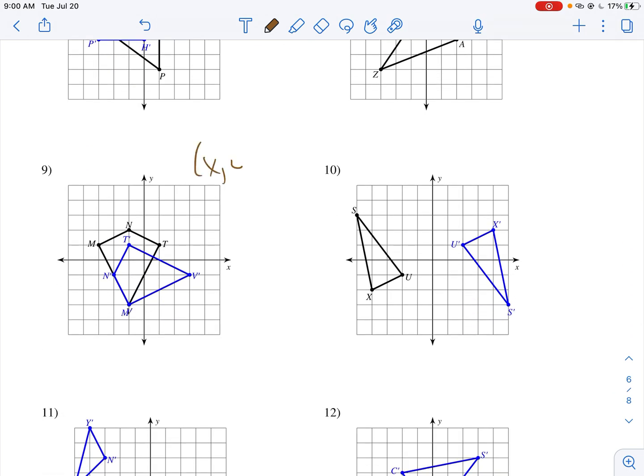This one. Let's see, that's, I guess, T. So this would have been 90 degrees. This would be 180, and this quadrant would be 270. So like so. So that's how you do those.